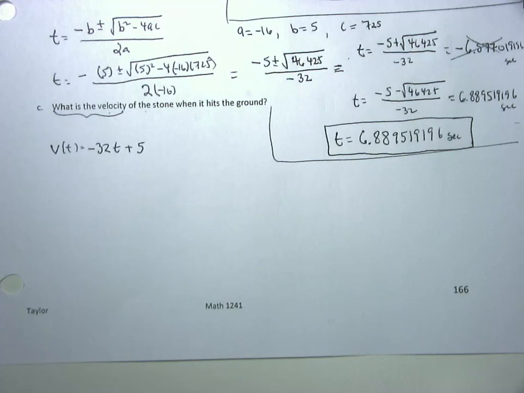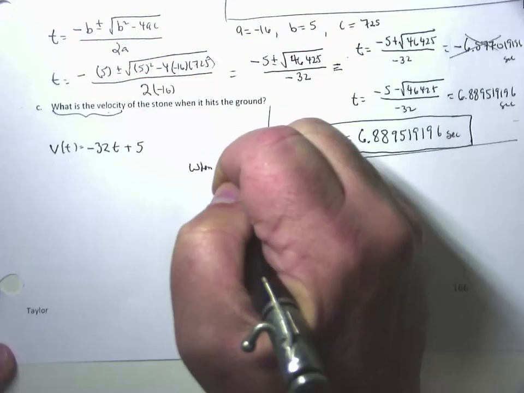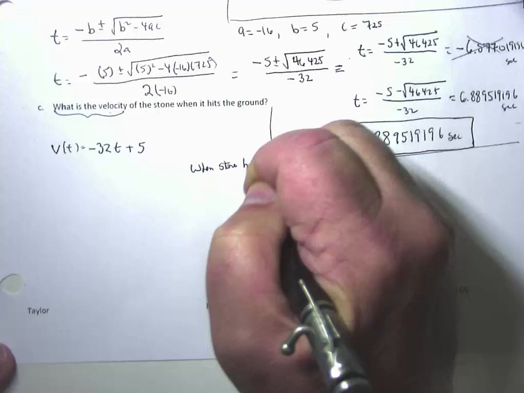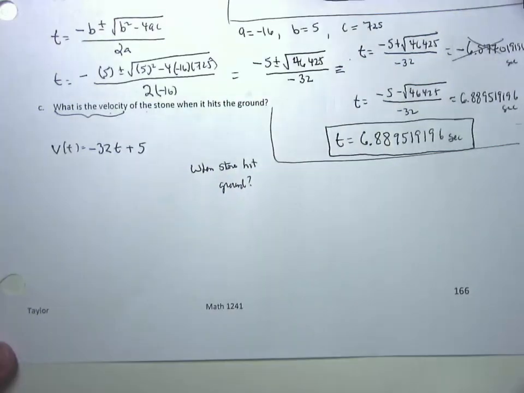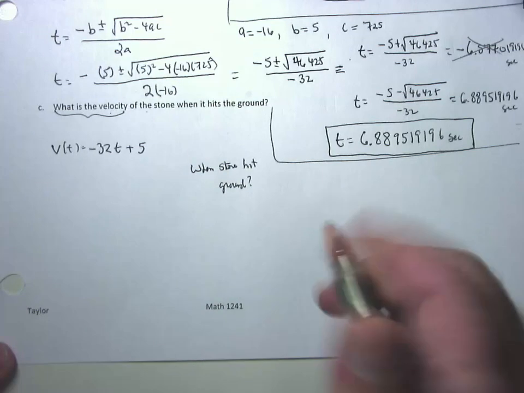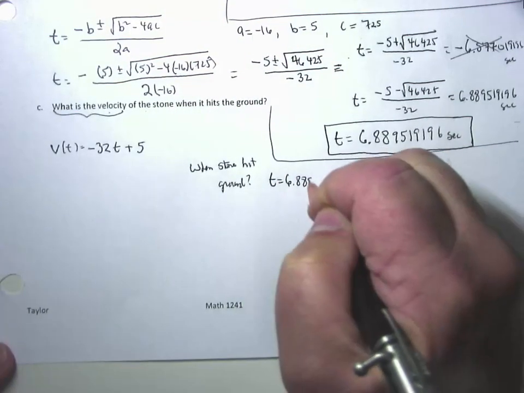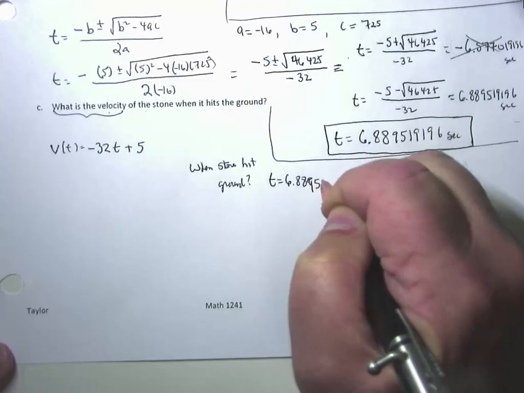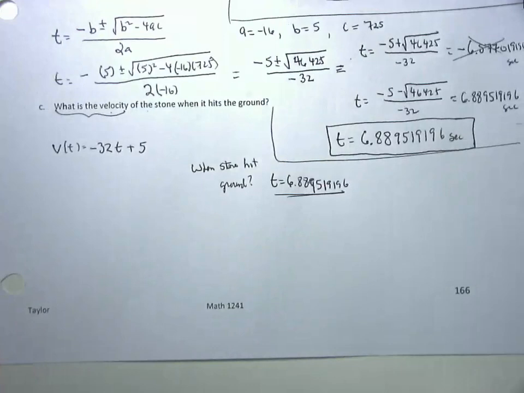So what is the velocity when the stone hit the ground? Well, to know this, you got to know when the stone hit the ground. Do you guys happen to know when the stone hit the ground? Sure, we just solved that. T equals 6.8895191996. There's the time when the stone hit the ground.